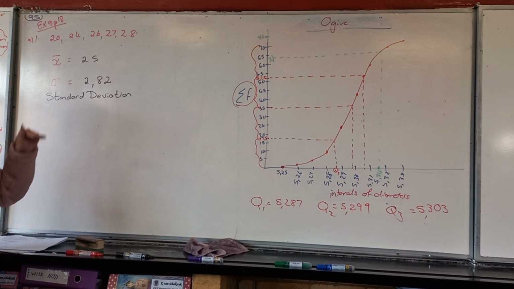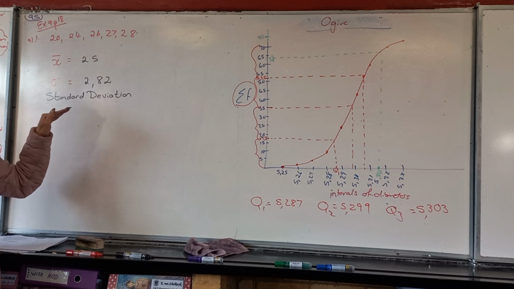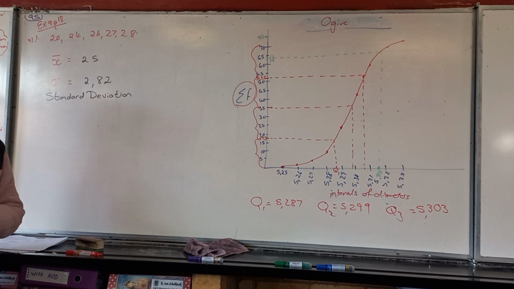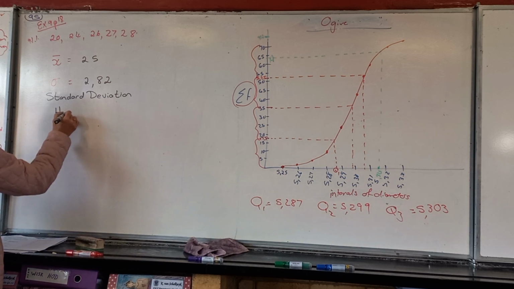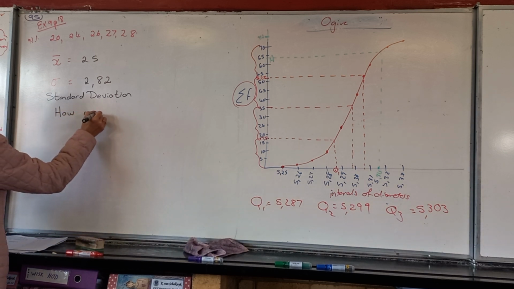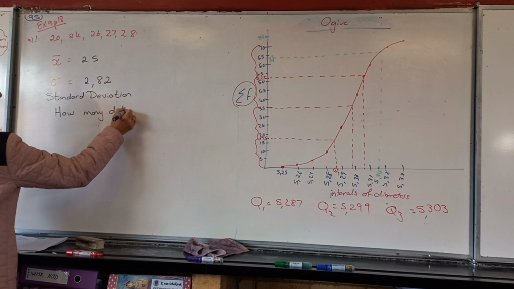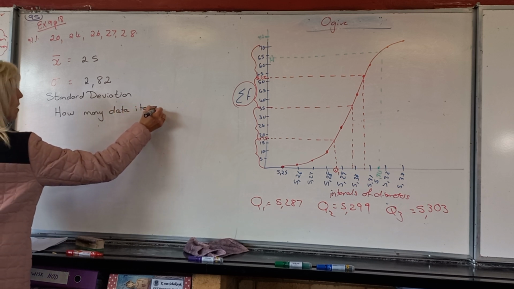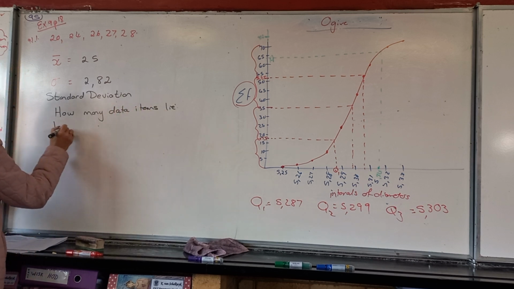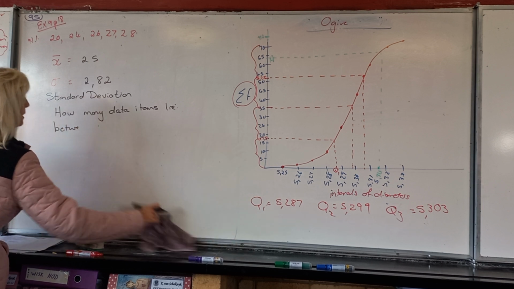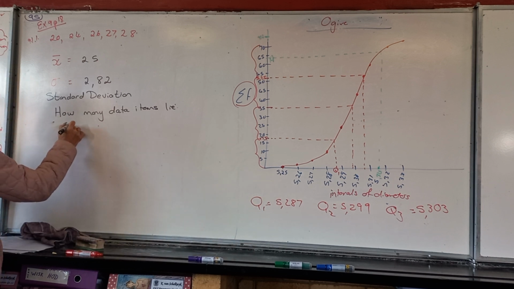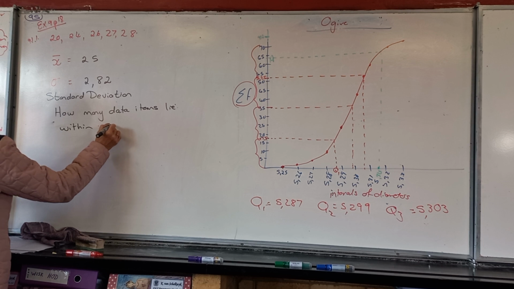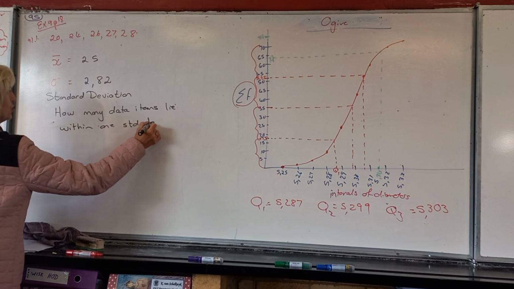For today, if you just punch the calculator and you got to those answers, I'm happy with you. So if I ask you then, how many data items lie within one standard deviation.